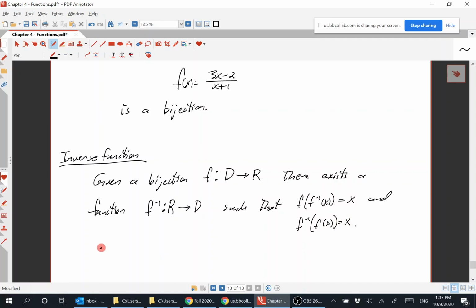This is called the inverse function, and it is unique. So this is the only time inverse functions exist.